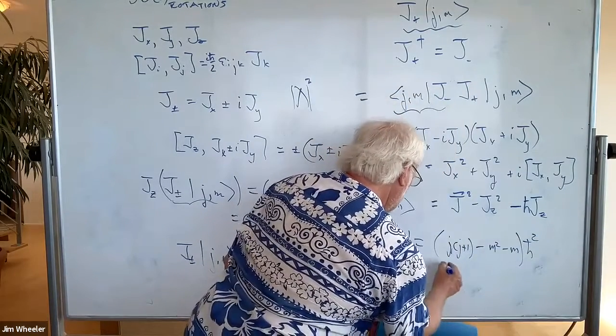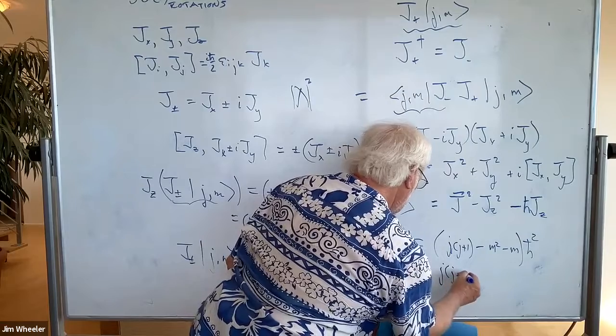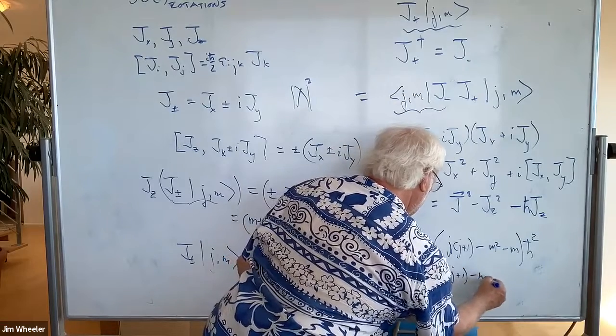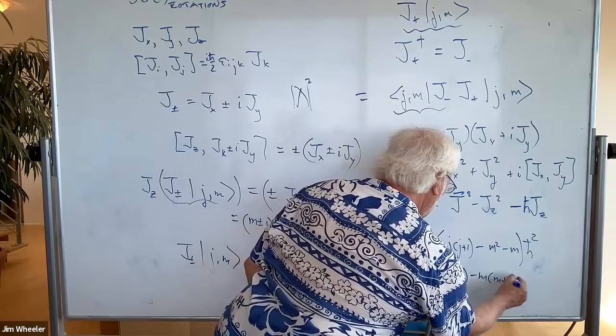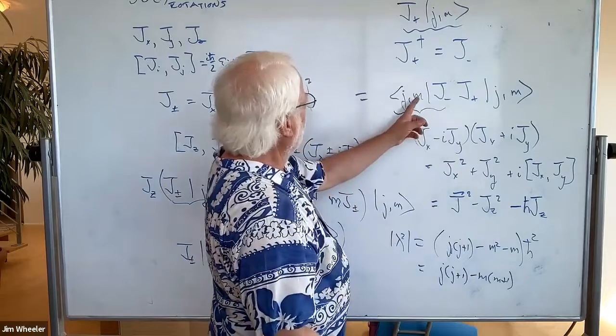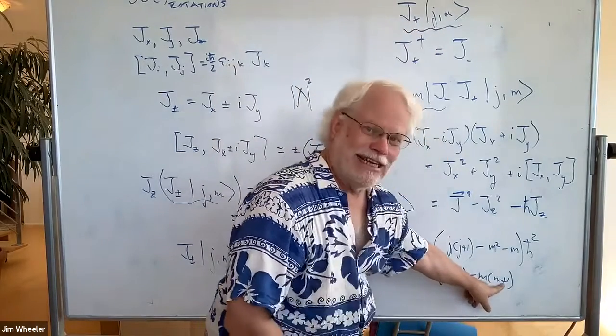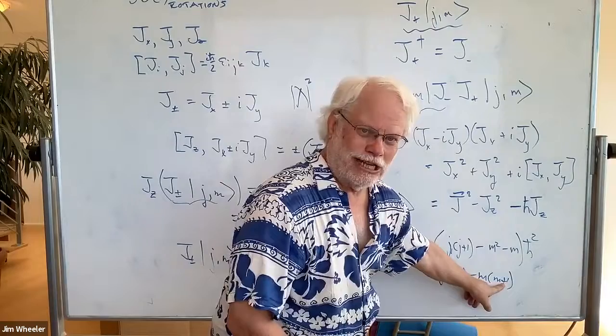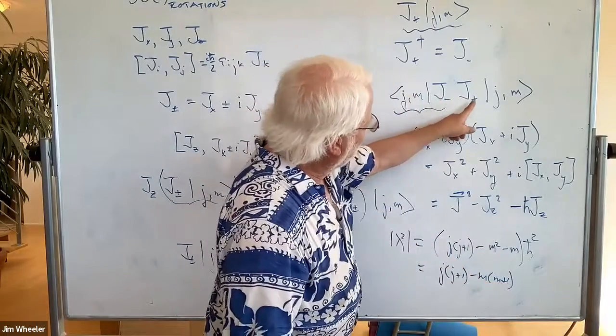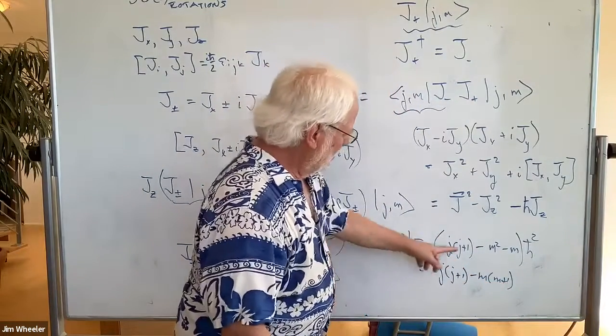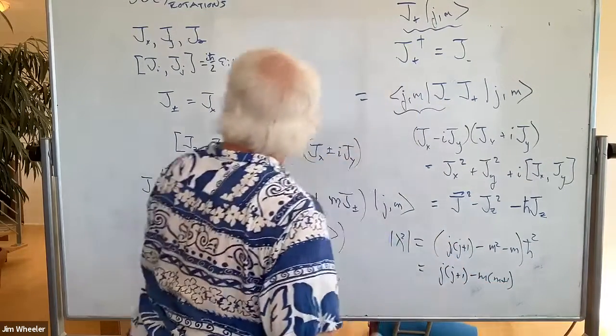So that's j plus 1 minus m plus 1 for J plus. For J minus, you just get a minus sign here if you work that out. That's an exercise. Work out J plus times J minus, and you'll get the coefficient for the other one.